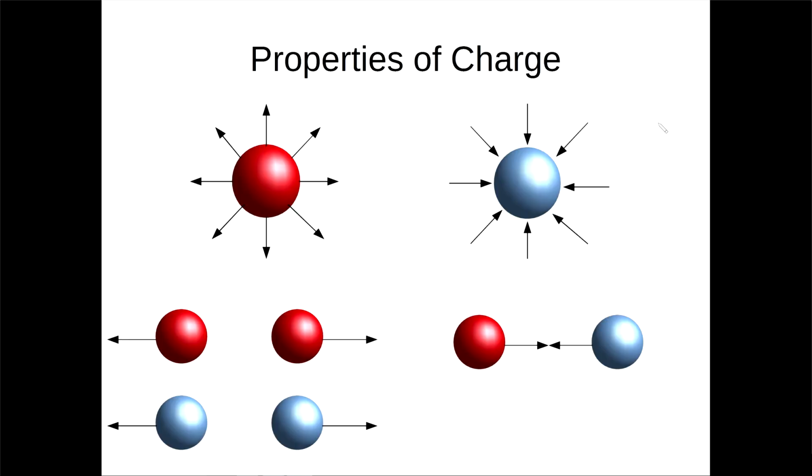On the proton, you can see in a region around that proton, there is an electric field pointing radially outwards. So in any area within a certain proximity of that proton, it has an electric field pointing away from that particle.